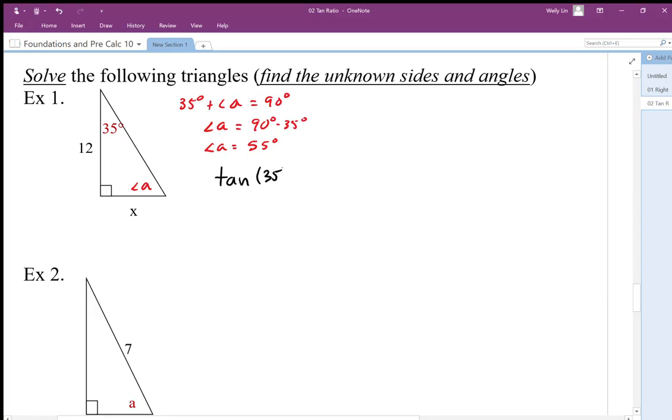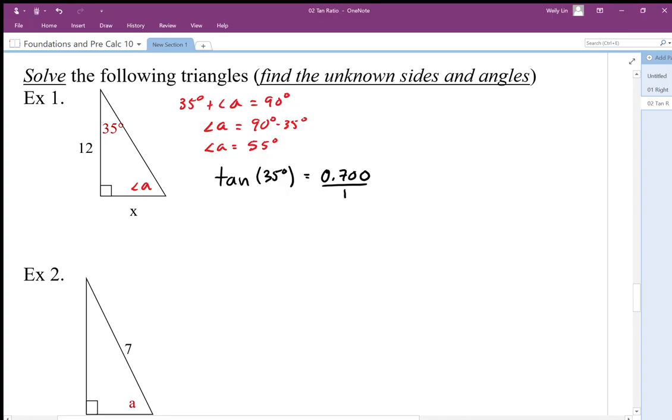So if I input tan of 35 degrees, I'm going to end up with a ratio of 0.700. Okay, and that's a ratio compared to 1. My calculator only gives me the decimal, but I know the other number is 1.